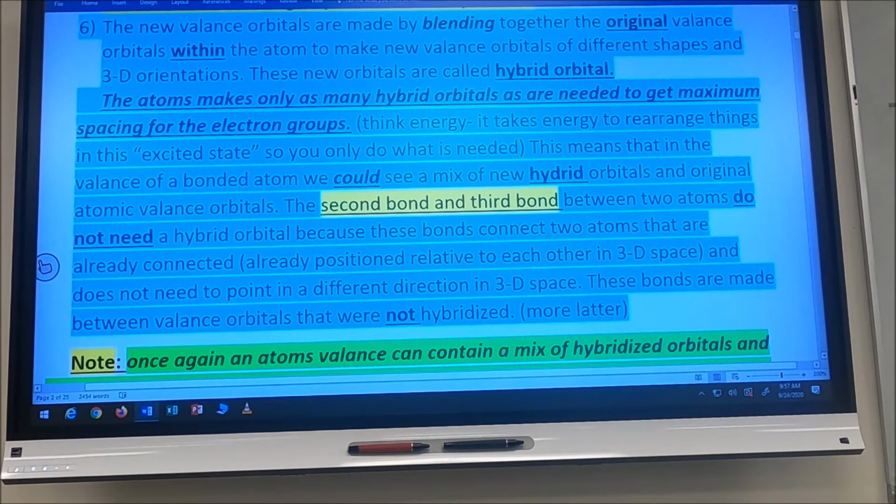Same thing, the third bond between two atoms has to be parallel with the first and the second bond between two atoms. Okay? So a hybrid orbital is used to make the first connection between two atoms, and the second and third bonds are going to use unhybridized orbitals.